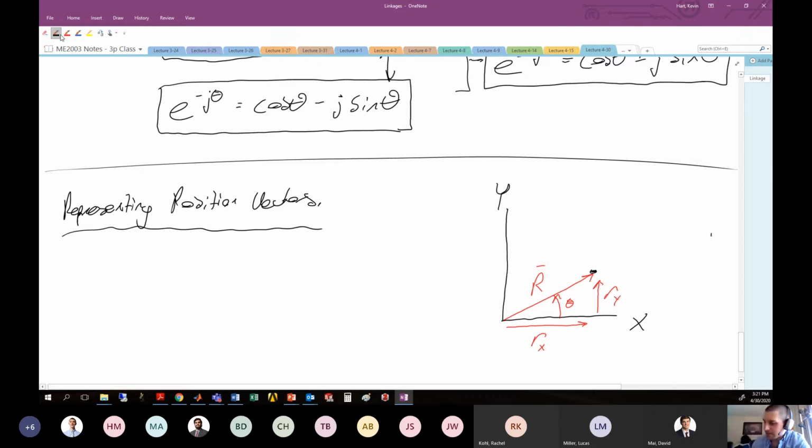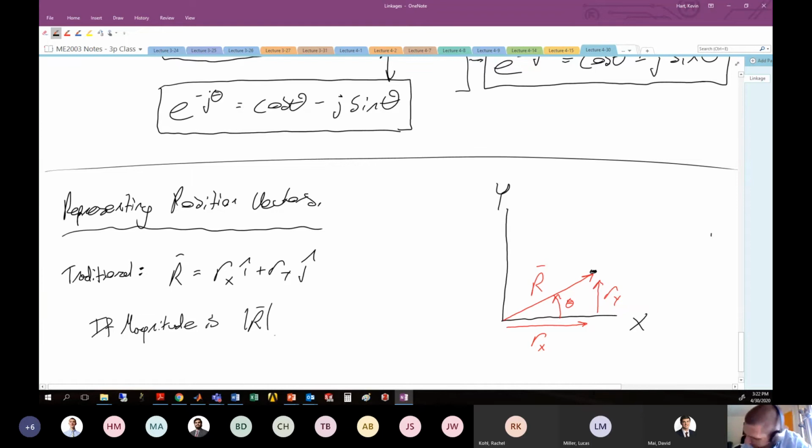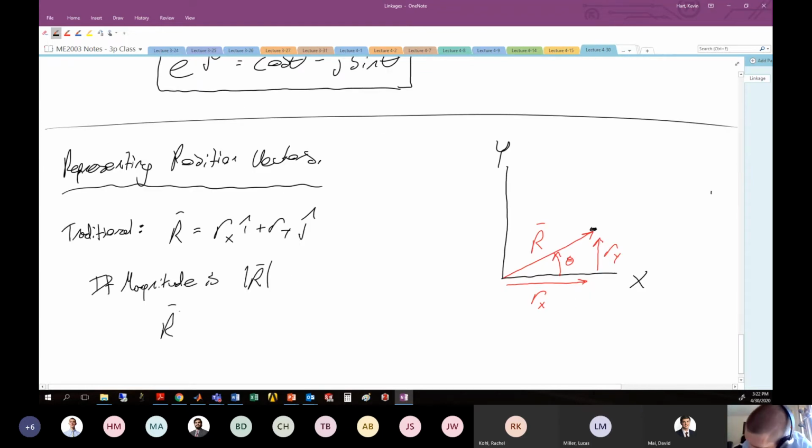So in your traditional definition of what this position vector is, you could write this position vector R is simply Rx i hat plus Ry j hat. If the magnitude is capital R bar, you could also represent it as the magnitude of R times cosine theta i hat plus the magnitude of R sine theta j hat.